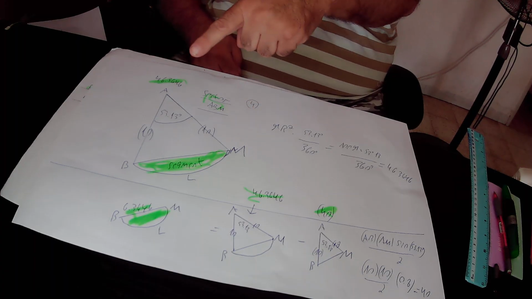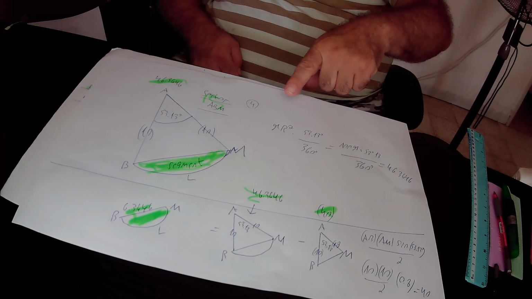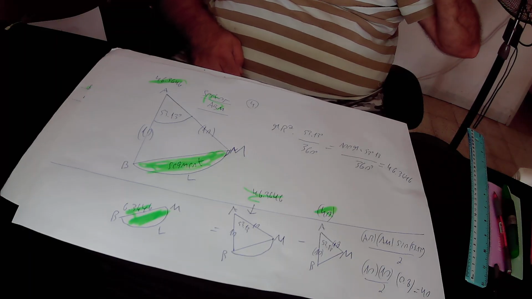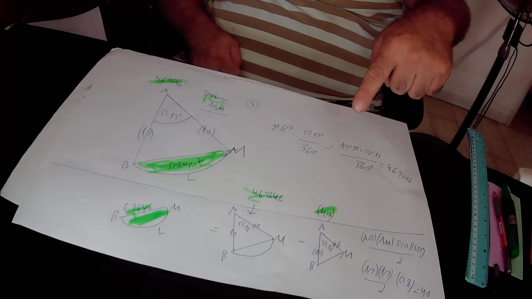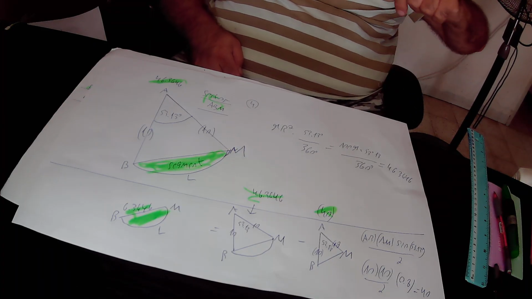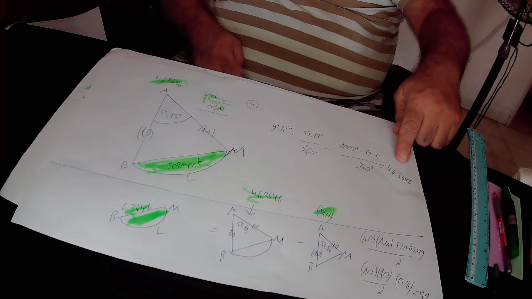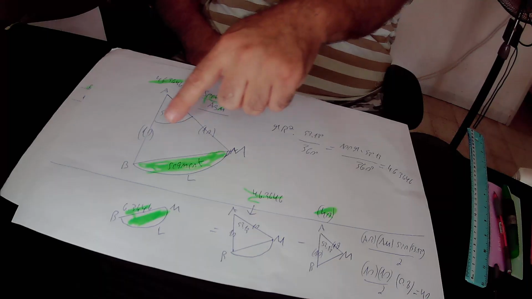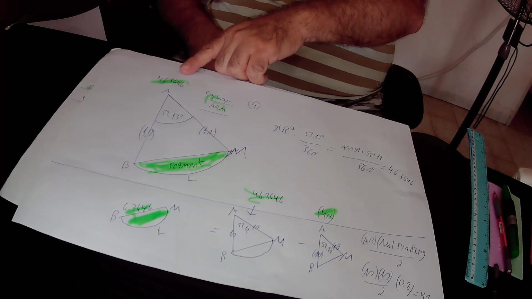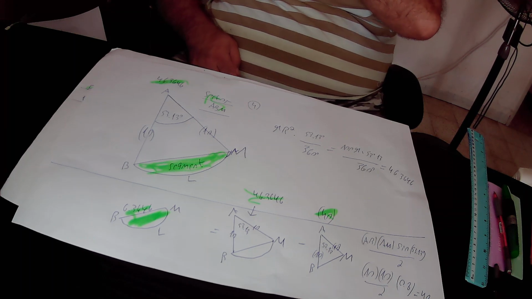R is 10, therefore r squared is 100. So 100 pi times 53.13 over 360 degrees is 46.3646 square inches in size. So the area of this sector ABM equals 46.3646 square inches.